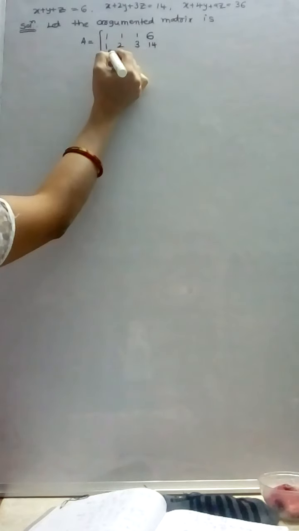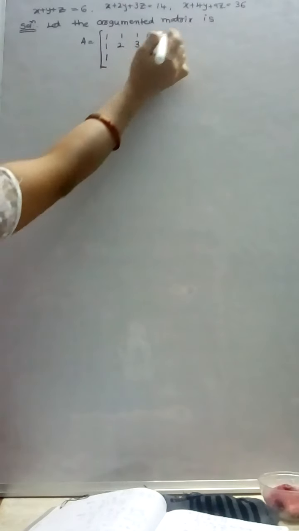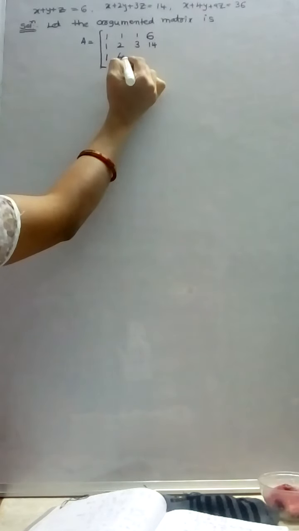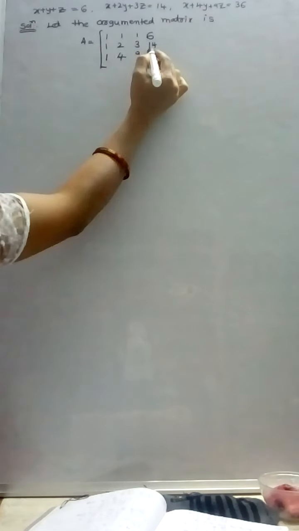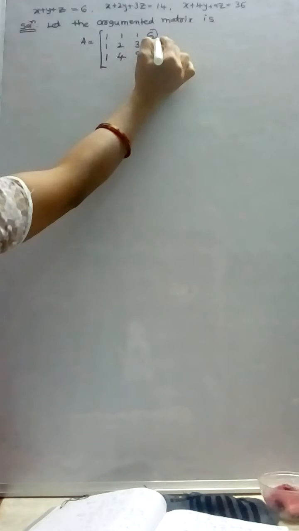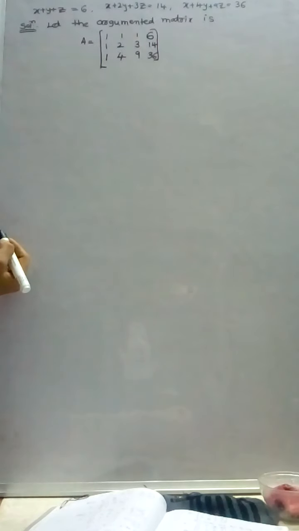Next, from the third equation, we take x coefficient 1, y coefficient 4, z coefficient 9, and constant 36. This is the augmented matrix.